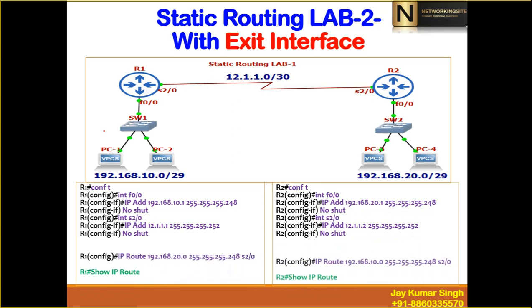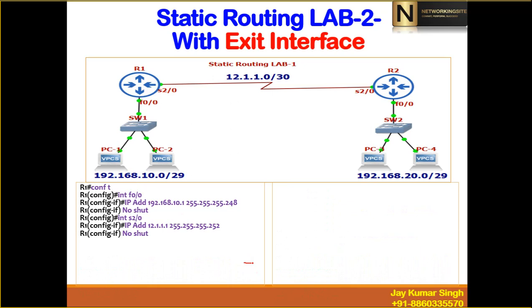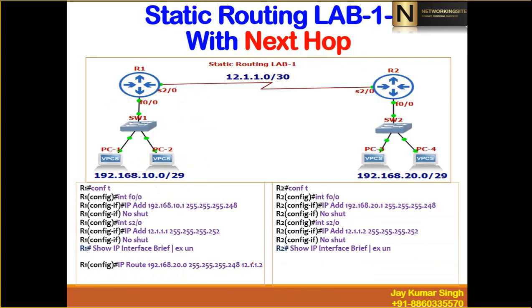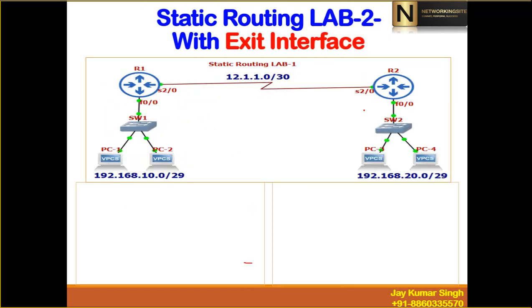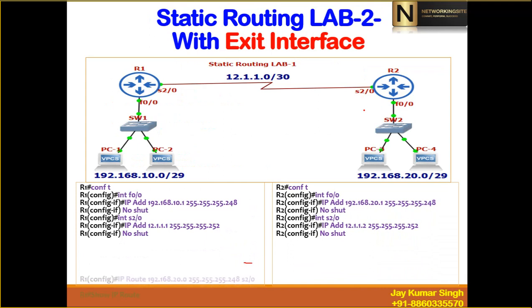Through the exit interface we just configured the interface, and in the previous one we configured the next hop IP address. R1 will write the IP of R2 serial 2/0, and in the exit interface you have to write your own exit interface number, not an IP.